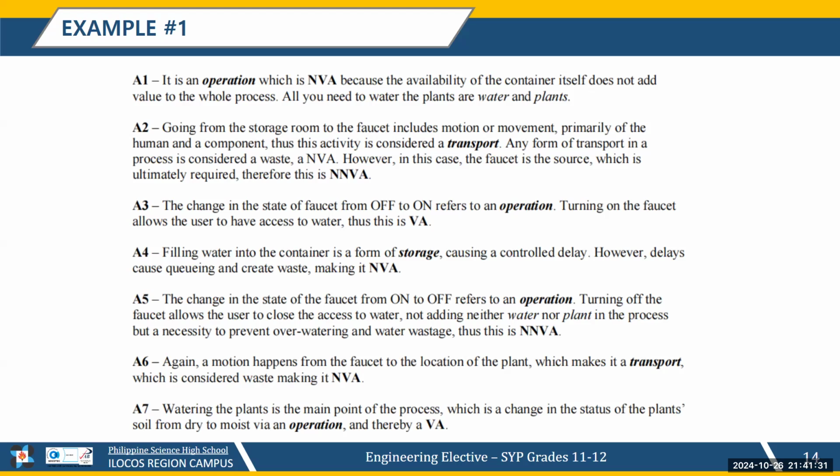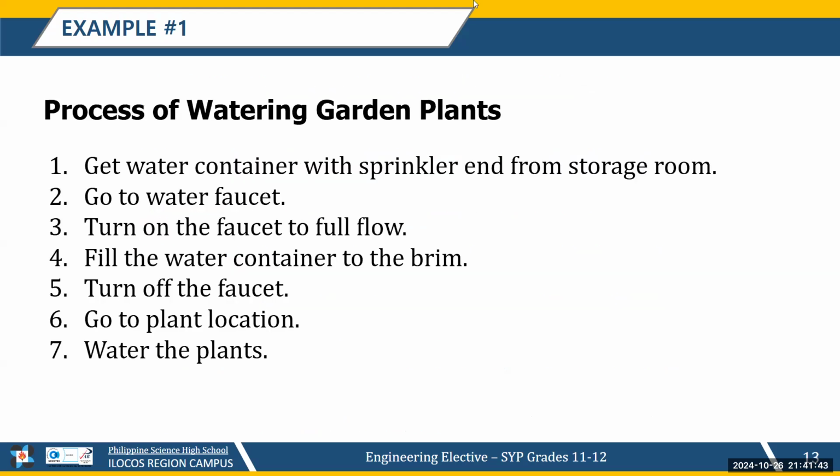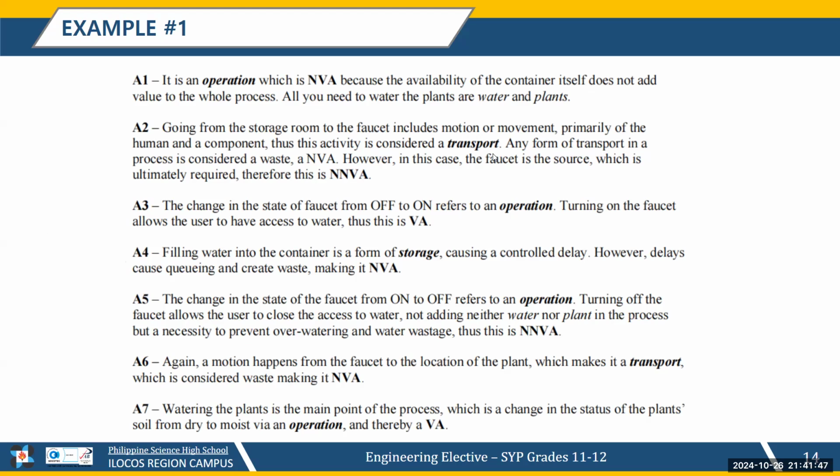Bakit siya NVA? Because that activity itself does not add value to the whole process. So ang kailangan mo lang dito in order to achieve your result, which is to water your garden plants, kailangan mo lang dito ay, of course, yung plants mismo, dapat present. And of course, meron kang tubig, source of water.